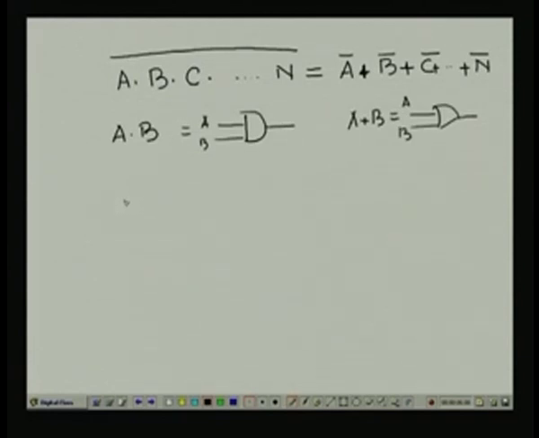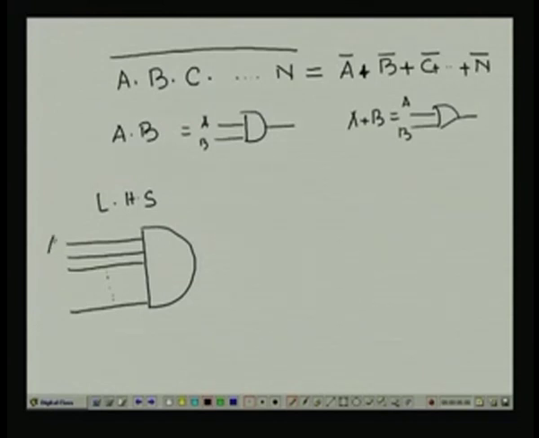see this, the left hand side will be, say, I am taking an n input AND gate with inputs a, b, c, dot dot up to n.